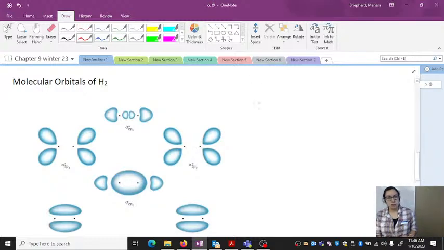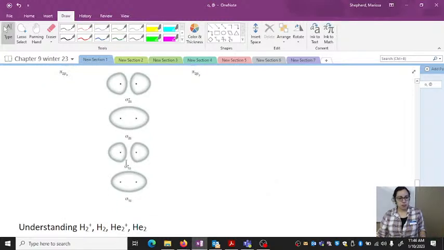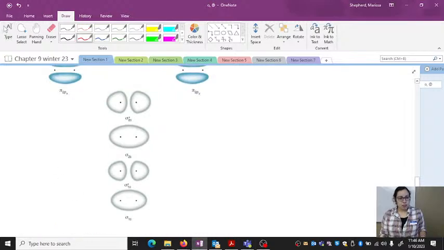So s orbitals. Hydrogens just have the s orbital, so 1s, that's all we're really focused on. And for some reason, your textbook shows all the other orbitals that aren't occupied. I find this a little frustrating because I don't think it's very friendly.